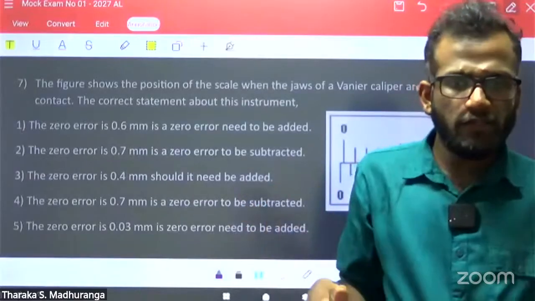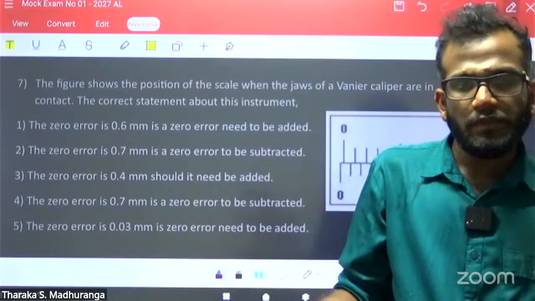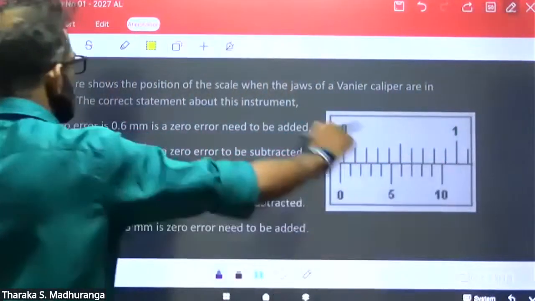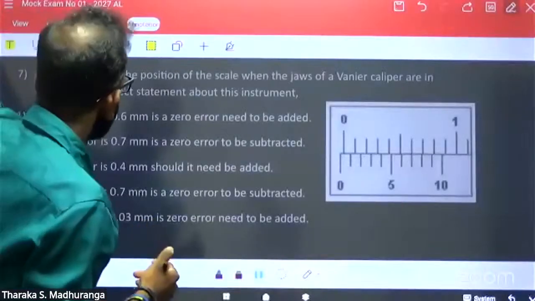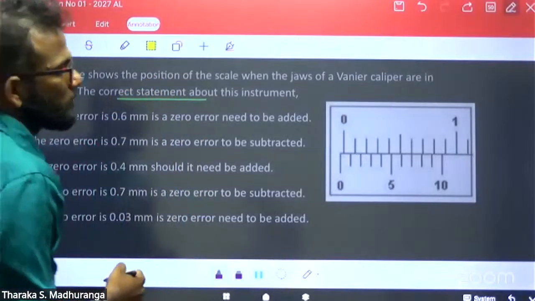Internal and external jaws don't have any object. Then what are we checking here? The zero error. The zero error of the instrument can be checked by this method. The correct statement regarding the instrument.